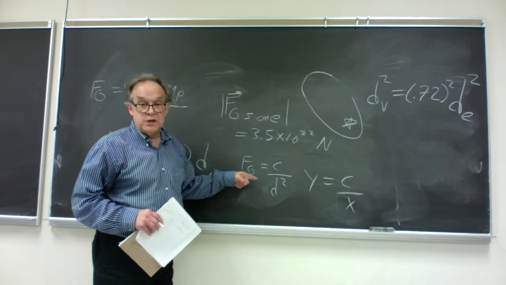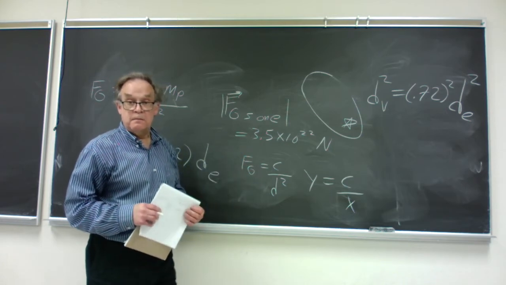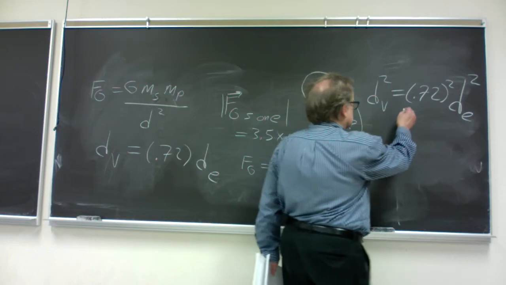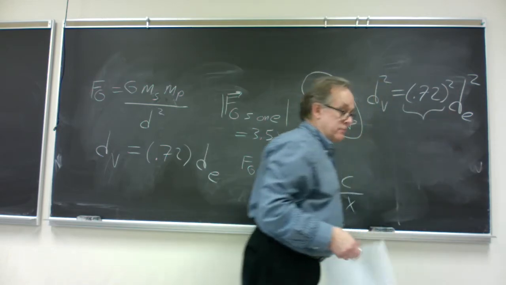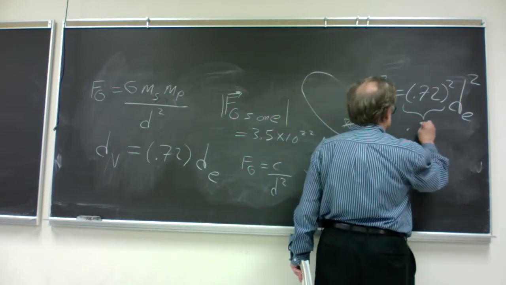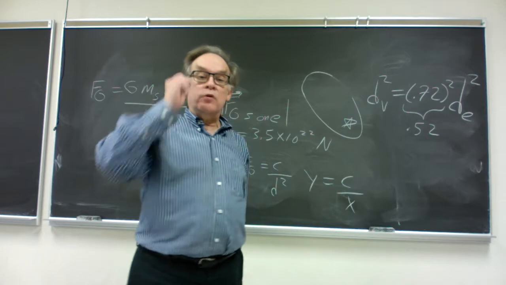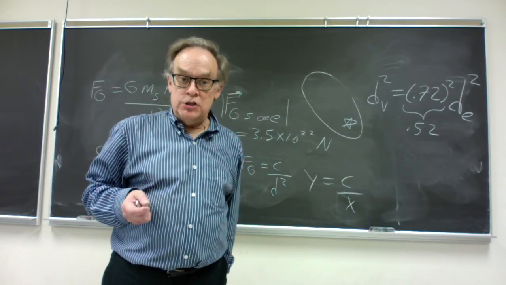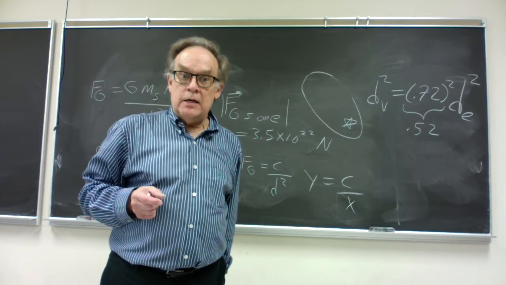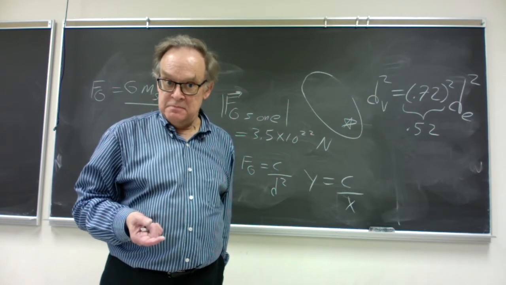And distance from the sun squared is what's inversely proportional to force. So square 0.72 and it comes out to about 0.52. So 0.52 is the factor by which d squared changes. Anything that it's inversely proportional to will change by the inverse of that.